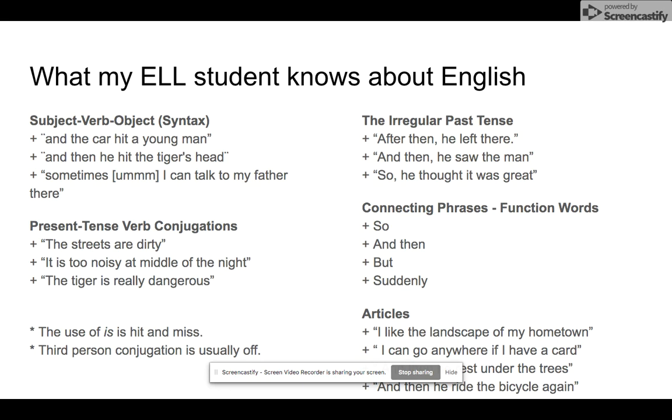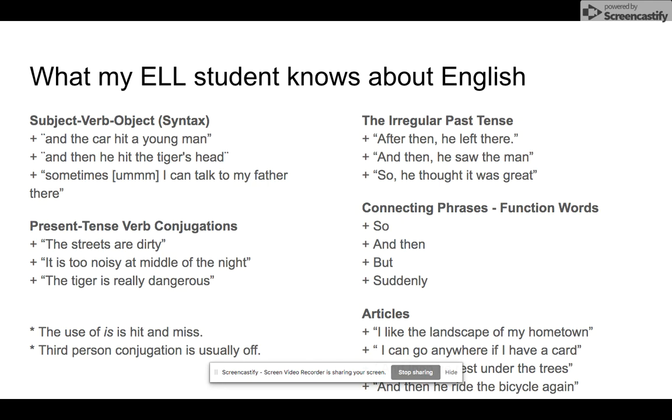So what does my ELL student know about English? Here are 5 examples of what she knows fairly well in the examples that I've seen: subject verb agreement, syntax, present tense verb conjugations, irregular past tense, connecting phrases, function words, and articles.